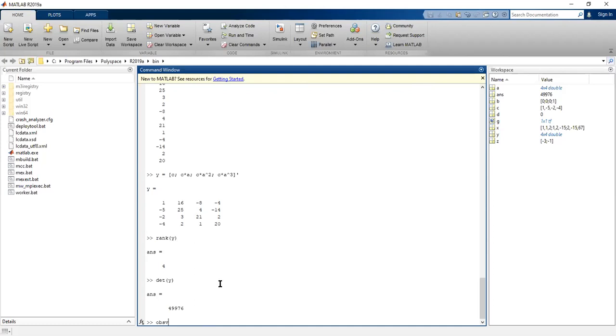Just type in OBS. And then type in A, bracket A and C, and save.